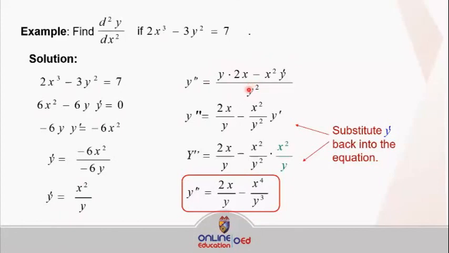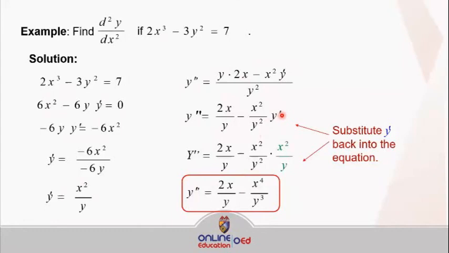And then after nun, separate natin yung value ng y prime. Again natin, since we have naman dito yung value ni y, and then we also have yung value ng y squared, magiging kakancel lang tayo ng isa, kaya tayo nagkaroon dito ng 2x over the y, and then minus natin itong value na to, which is we have the x squared over the y squared times yung y prime natin.